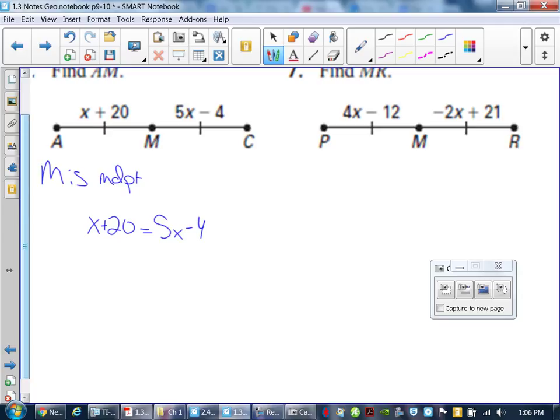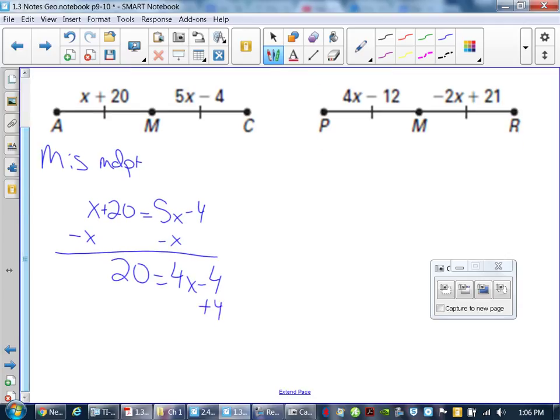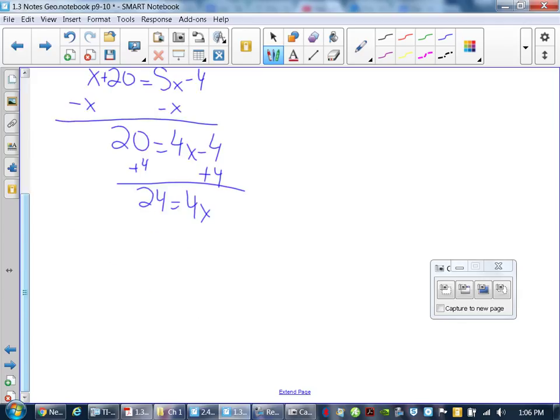Which is smaller, 1x or 5x? 1x. Subtract the x. So I have 20 is 4x minus 4. Now what? Add the 4 to the other side. Very good. And then last but not least, divide by 4 and you get?